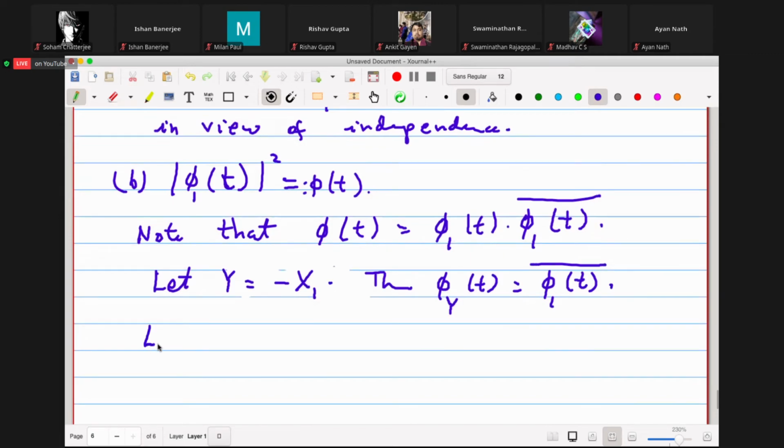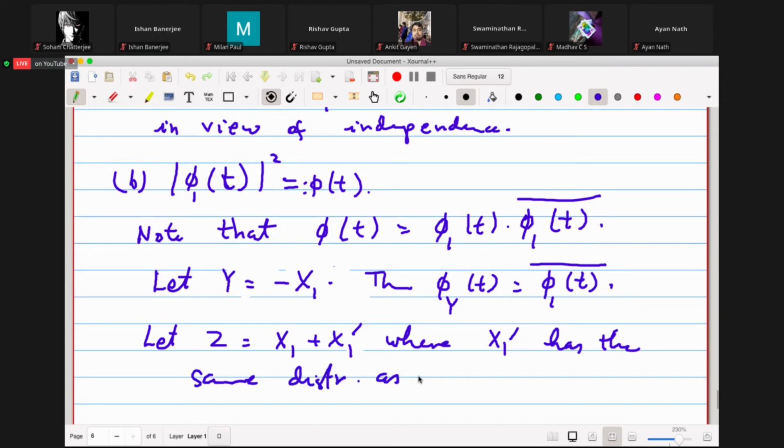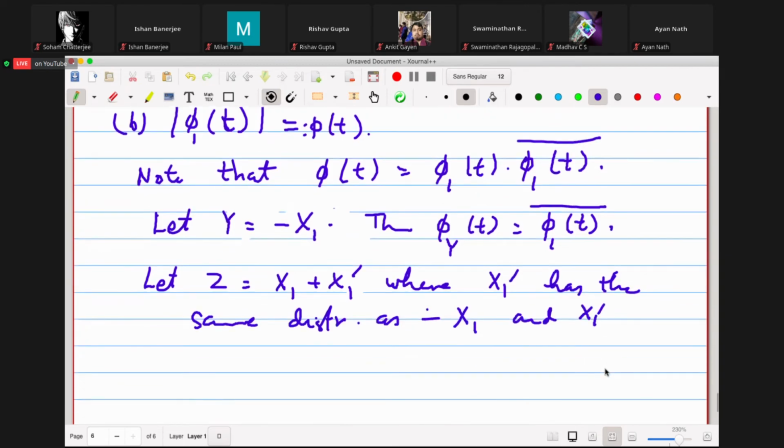Now let z be equal to x1 plus x2, where x1 and x2... So since x1, x2 is already used in the problem, I don't want to use x2, but write x1 prime, where x1 prime has the same distribution as minus x1, and x1 prime is independent of x1.